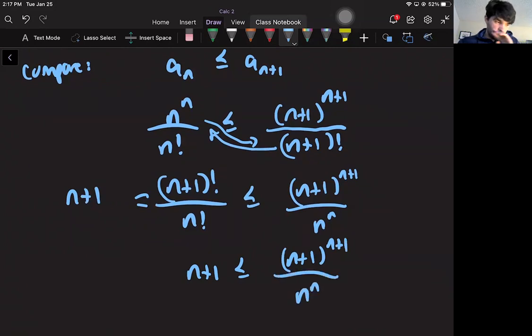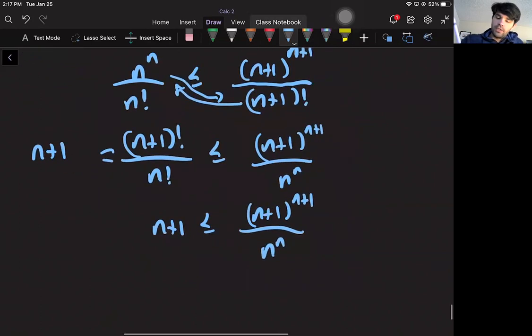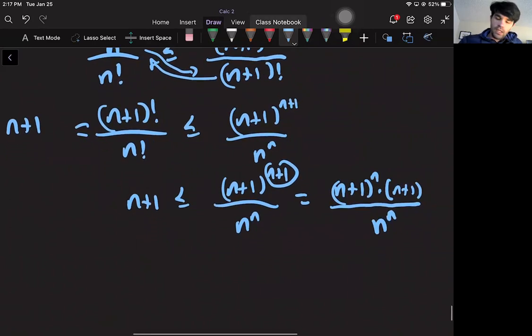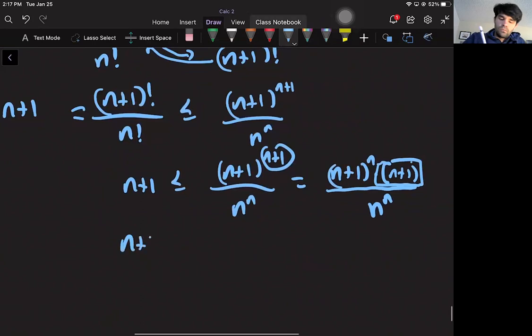And then the trick is to notice that (n plus 1) power means that I have n of them, but I have one more, because when you add powers, that means you're multiplying the same base. So this is really this. And then I can divide this one over, and that'll cancel with the one that's already on the left.